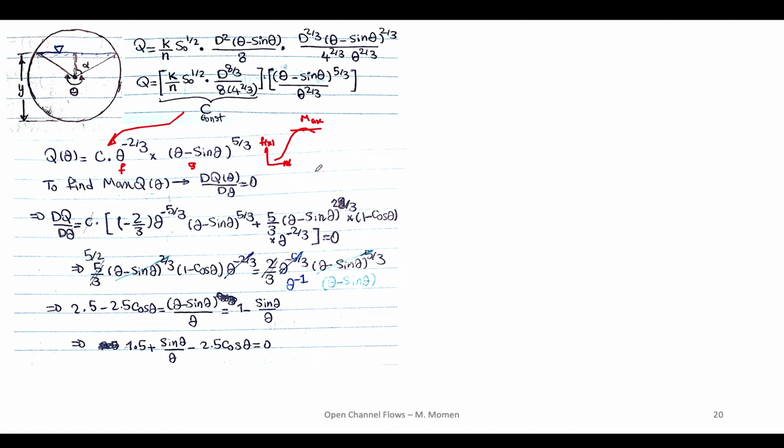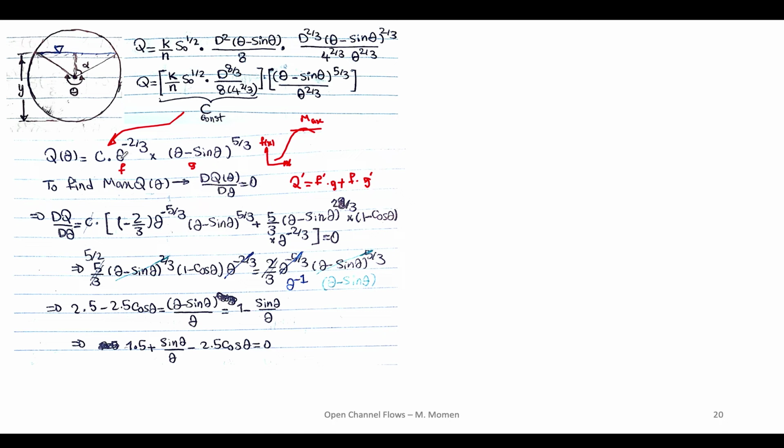And so when you want to differentiate Q with respect to theta, or any function, it is going to be f prime, the differentiation of the first function, multiplied by g, plus f times the differentiation of the second function, right? So this is the formula I'm using here.